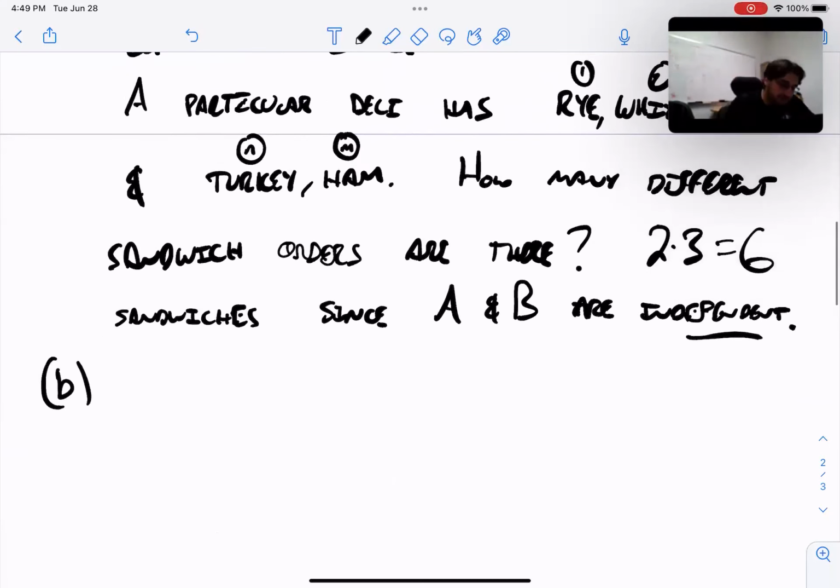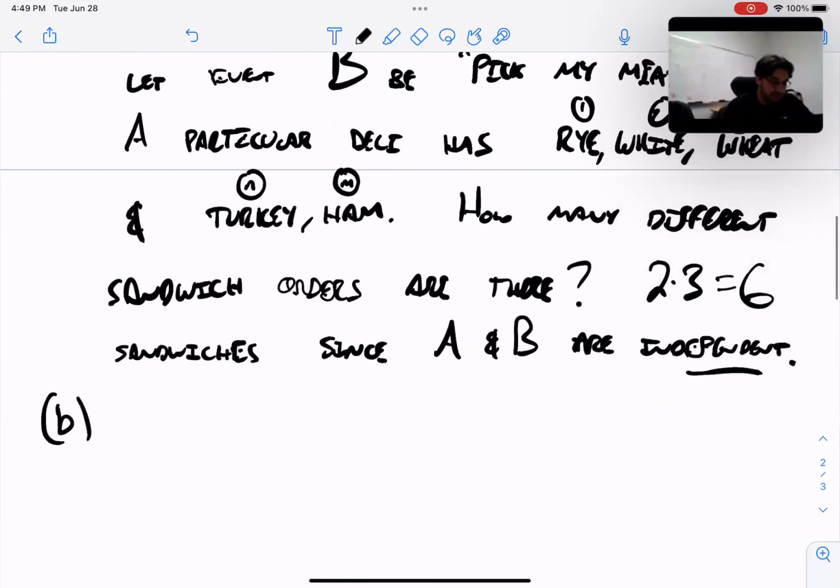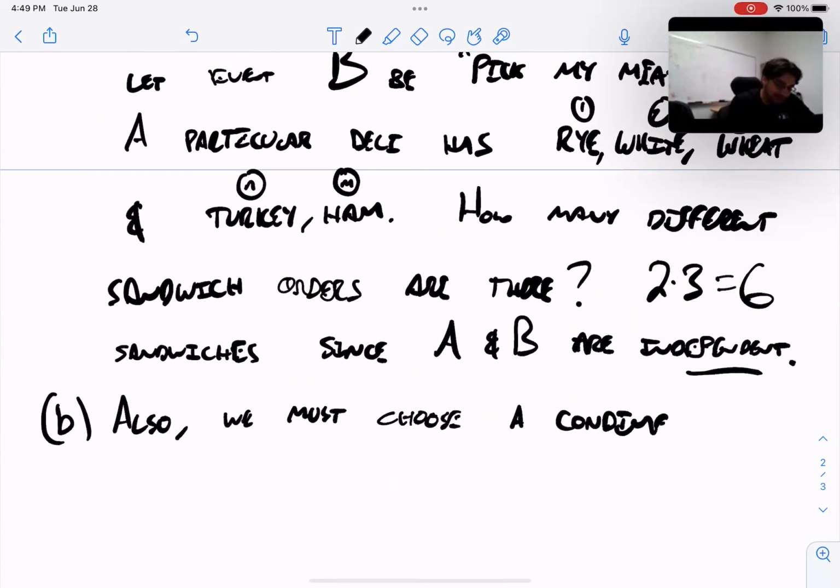So suppose I have not just rye, white, and wheat, not just turkey and ham, but let's say I also have, now, they vastly improved their selection at this deli, and we can choose a condiment, right? They took their customer feedback very seriously. That was saying that the sandwiches were a little plain and more choice was necessary.